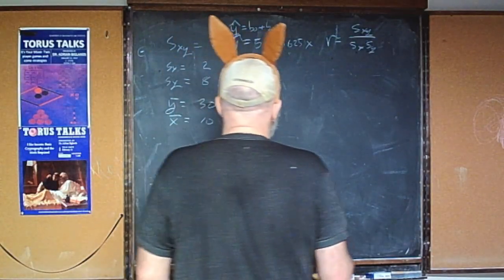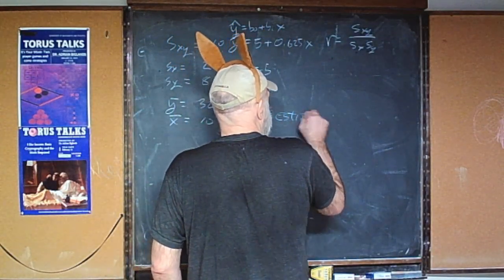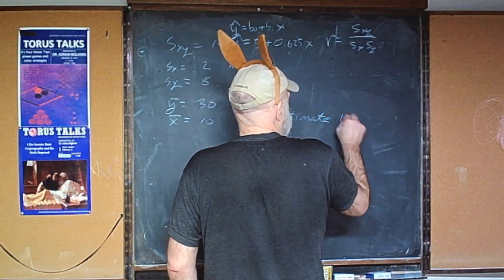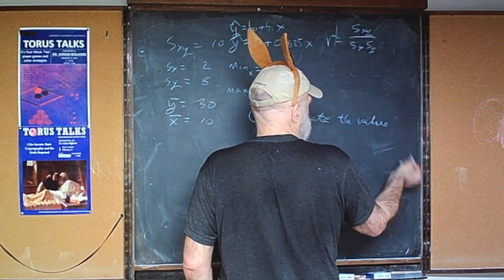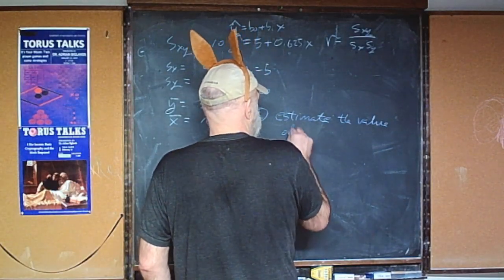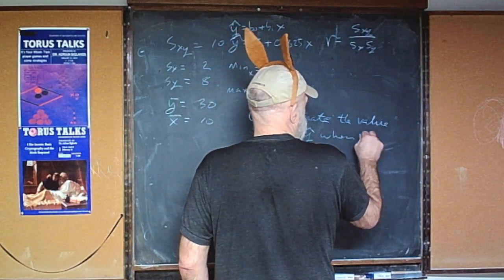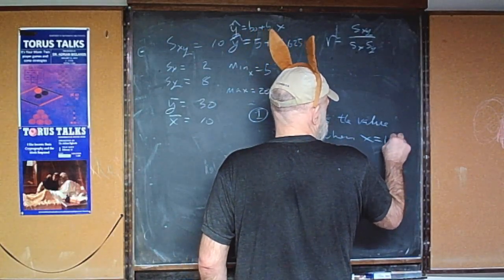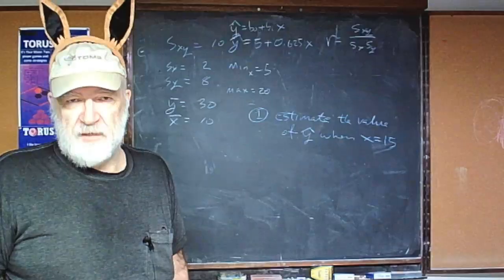All right, anyway, getting back to this. We want to estimate the value of y hat when x is equal to 15. I have no context associated with our mathematical model.